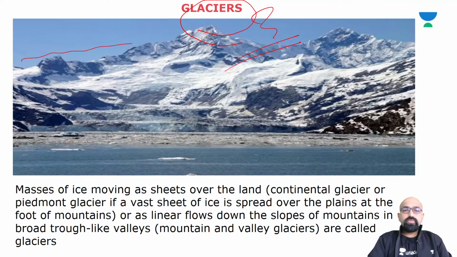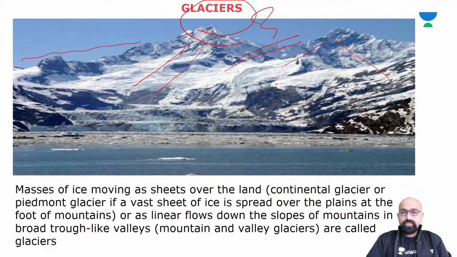Glacier means masses of ice moving as sheets over the land or as linear flows down slopes of mountains in broad trough-like valleys are called glaciers. See this picture.